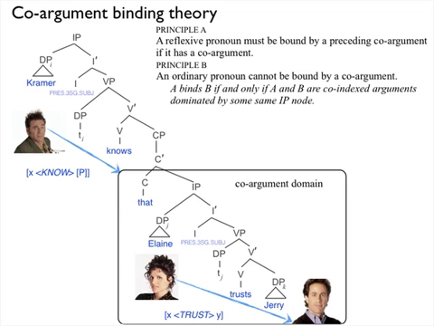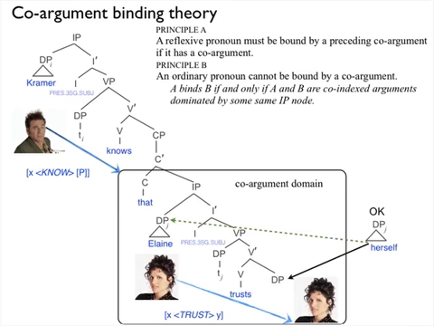So in this case, we have here Kramer knows that Elaine trusts Jerry. Very just completely vanilla, ordinary, embedded clause situation. The co-argument domain for trusts for Elaine and Jerry is that one. And we can put herself in here. Elaine trusts herself, it's fine, right?